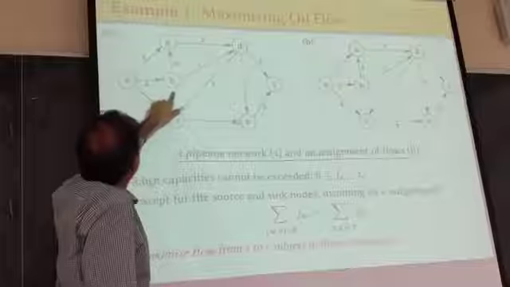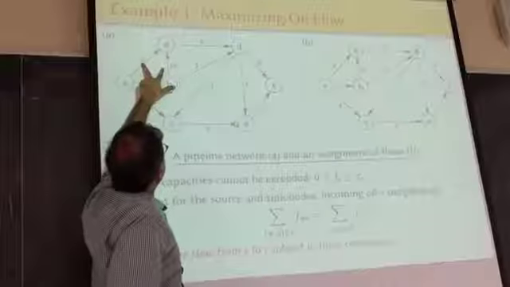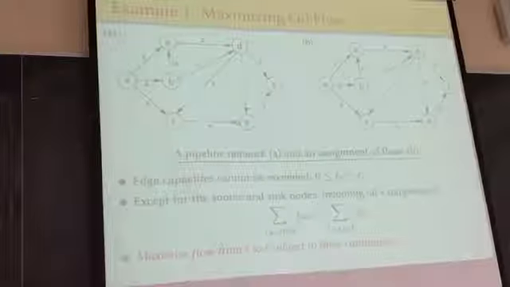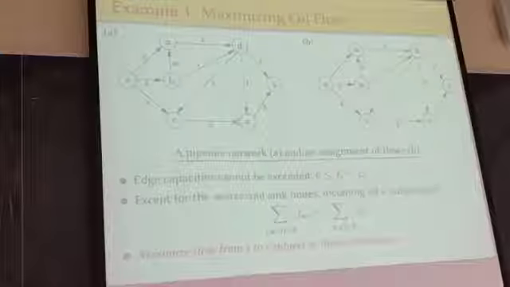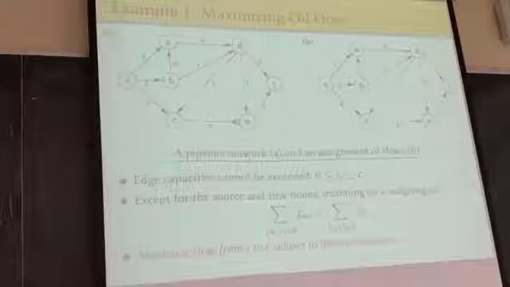So even though that constrains, for instance, if you look at vertex A, up to 13 units can come in, but only 2 units can go out, right? So that means that some of the capacity of the incoming links into A will not be utilized.